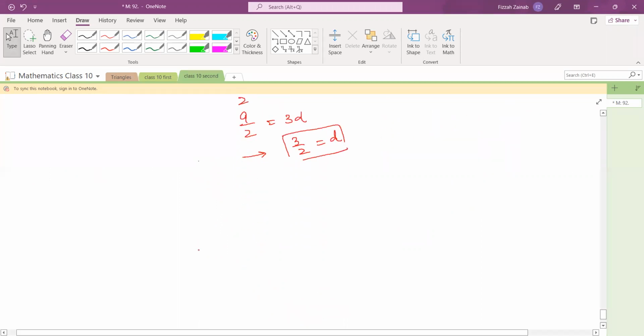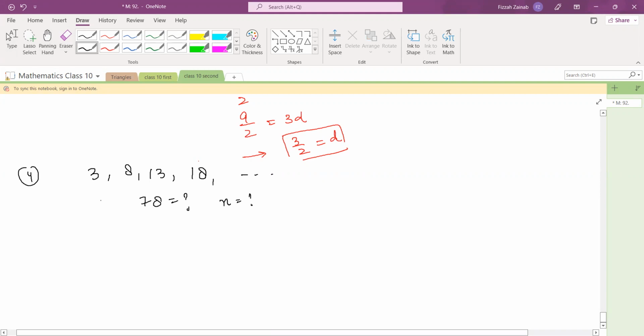Now which term of the AP is 78? So the AP is this 3, 8, 13, 18, right? This is the AP. So you have to tell that 78 is which term. So what are you interested in? You are interested in n, right? You want to find n, okay.